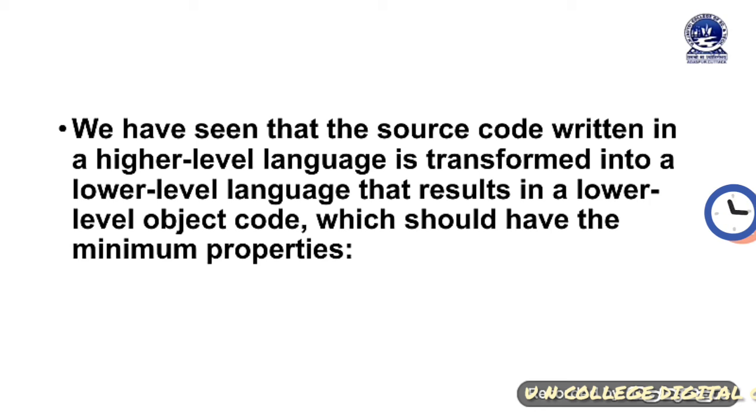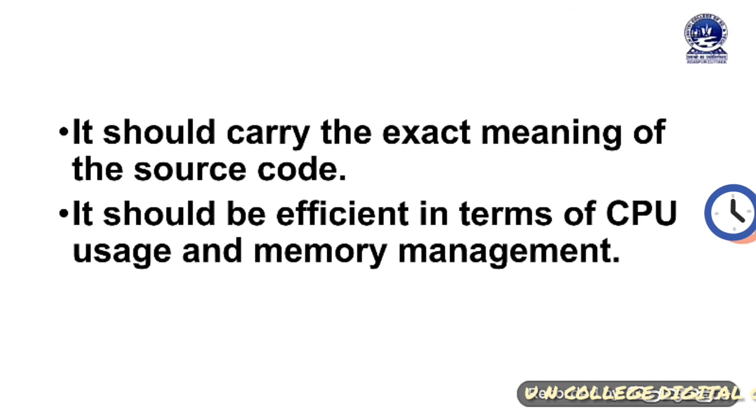We have seen that source code written in a higher level language is transformed into lower level object code, which should have some properties. The first is that it should carry the exact meaning of the source code, and the second is that it should be efficient in terms of CPU usage and memory management.